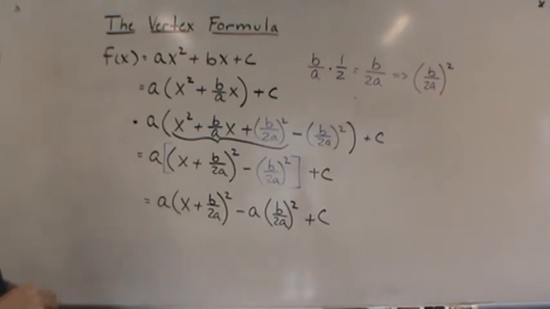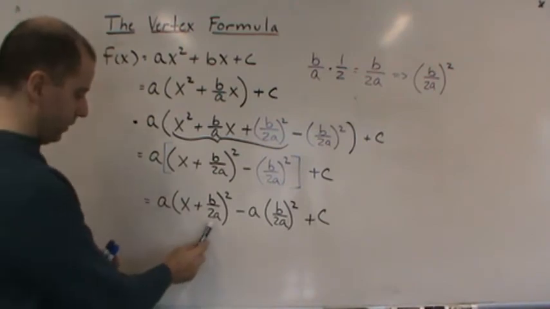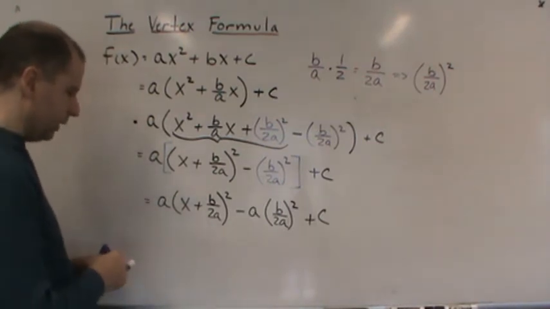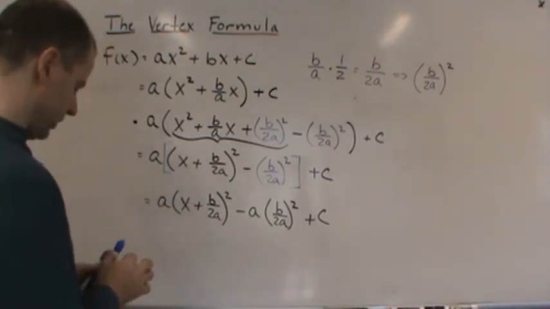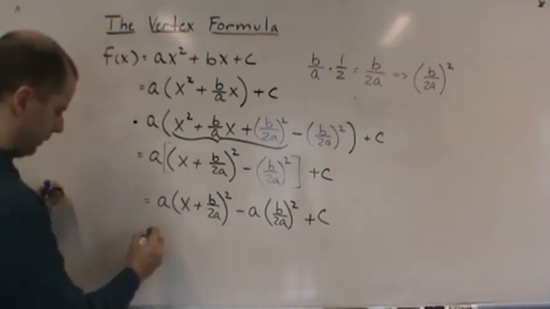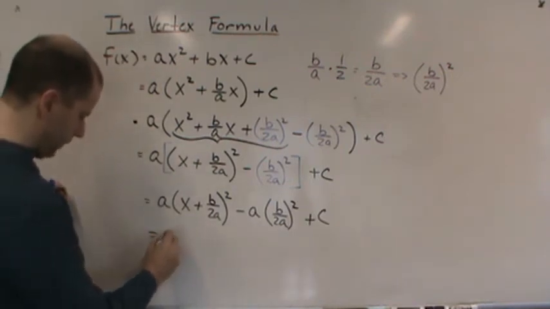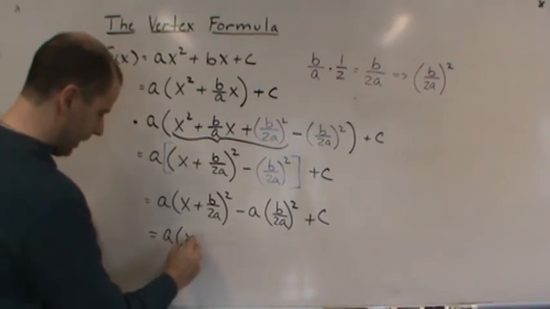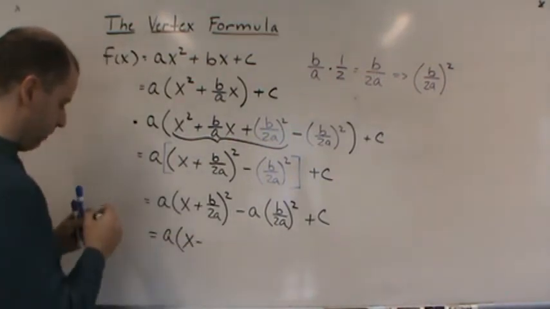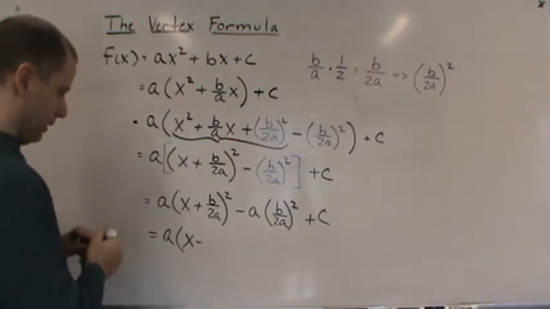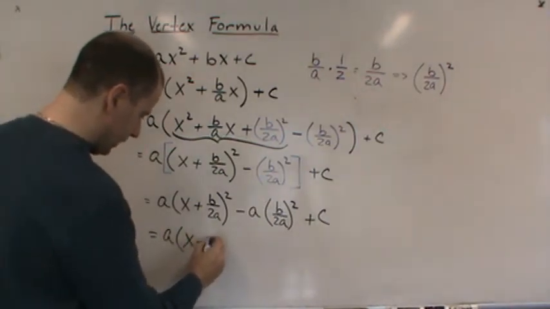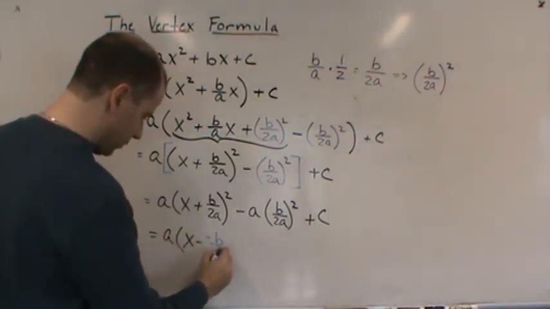So now, guess what? We already know the x value for the vertex. It's right here. Okay? So let me rewrite this one. So this is going to be equal to a times x minus, right? So minus a negative b over 2a.